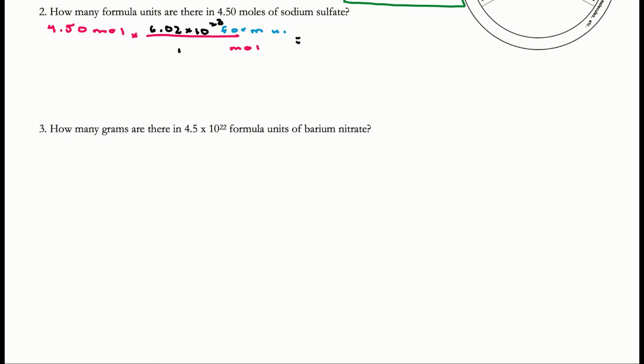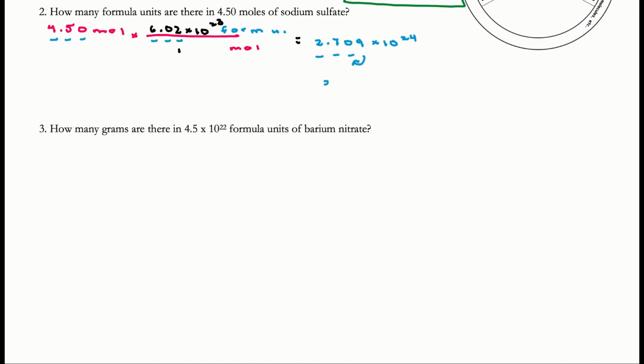So I'm going to take 4.5 and multiply it by 6.02 times 10 to the 23rd. And the unrounded value that I get is 2.709 times 10 to the 24th. However, 4.50 has 3 sig figs. Avogadro's number has 3, so I want 3.